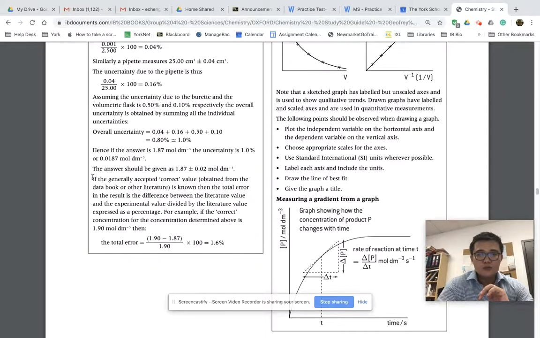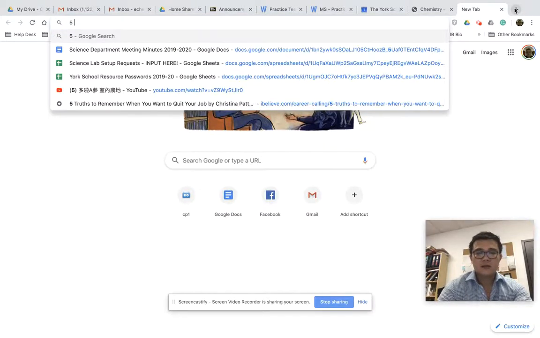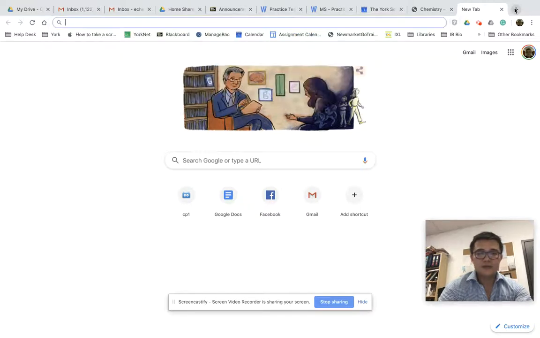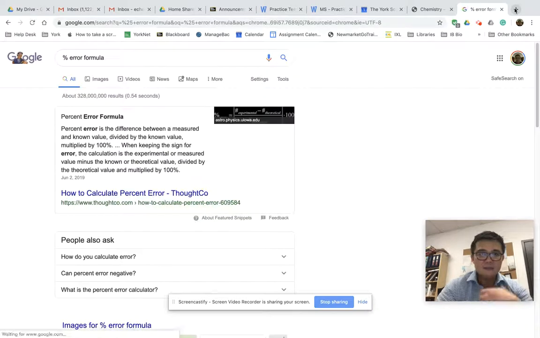Now, if you do total error or percentage error, you take your accepted value, the corrected value from a given literature. So your accepted value minus your experimental value, divided by your accepted value. Sorry, percentage error formula.